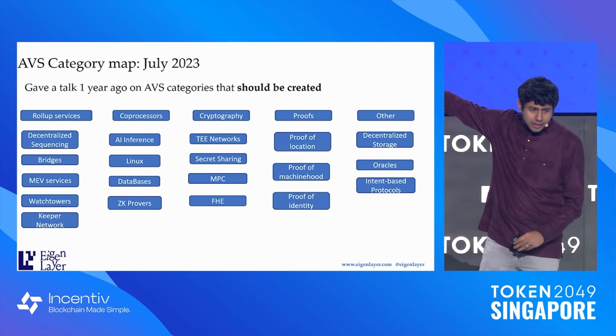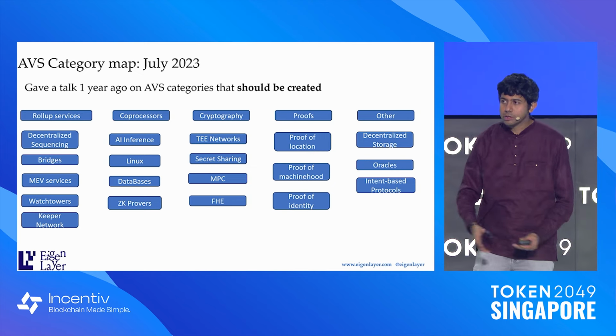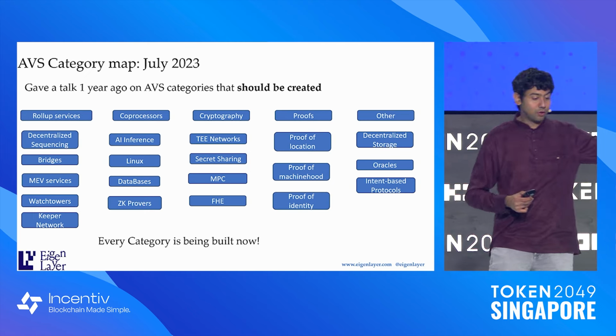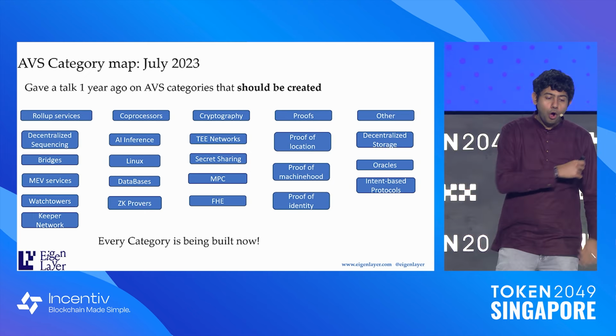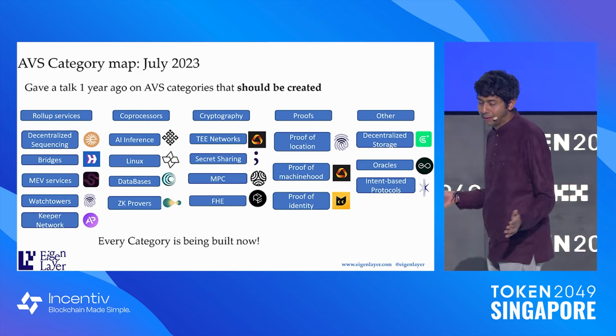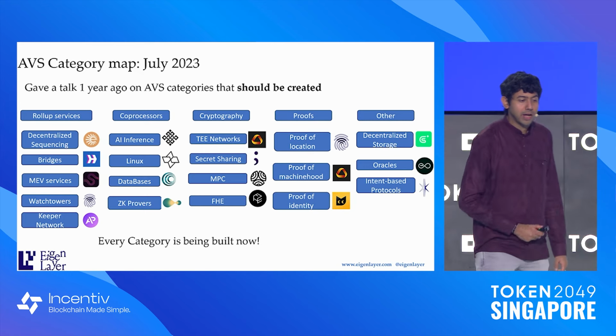So the idea was that we should let the ecosystem create these categories 1 year back. And then what we see today is in every one of these categories, roll-up services, whether it's sequencing, bridging, MEV, watchtowers, co-processors, AI inference, Linux, running a Linux node, databases, ZK provers, all these categories, we see there's at least one, many in many of these categories being built today.